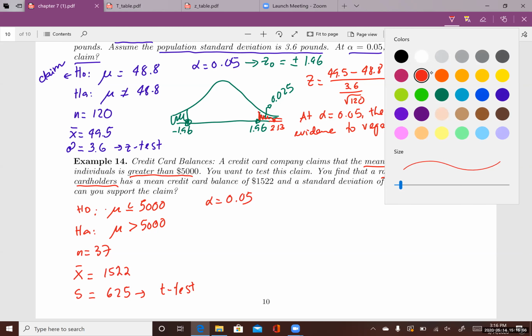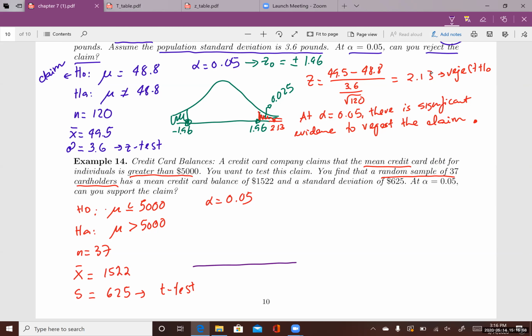Before I use a test, I want to draw a normal distribution to make sure this is the right tail test. So my rejection region should be on the right, and this is the claim. Now I can find t0, the t critical value.